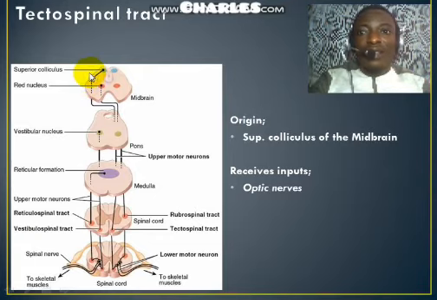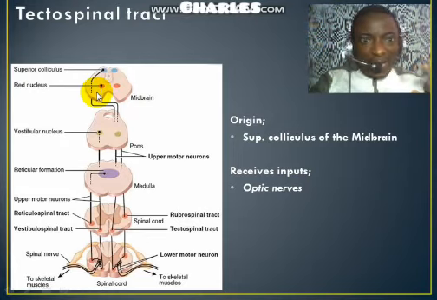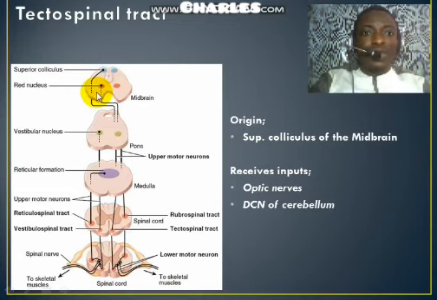This is a tract that the OPT students are supposed to study very well, because it has to do with the eye. It receives input from the optic nerves. It also receives input from the deep cerebellar nuclei.